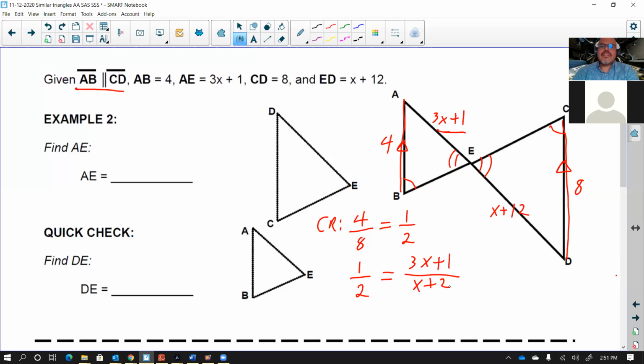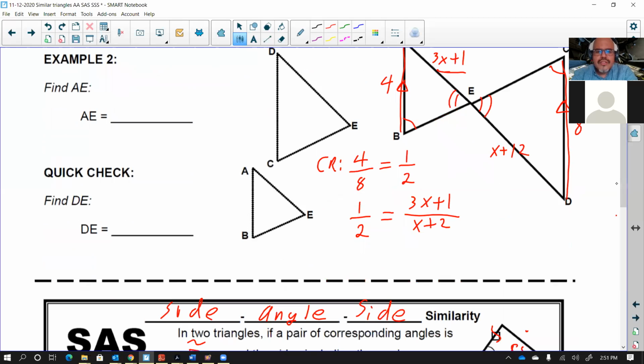Then we solve for x, because we're going to need that. So x plus 2 times 1 is just x plus 2. Of course, we have 2 times 3x plus 1. We'll write this over here. We have x plus 2 equal to 6x plus 2. Subtract, let's see. Actually, that should be, I made a mistake.